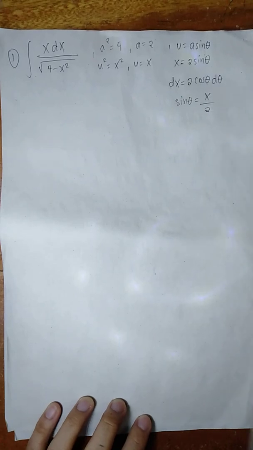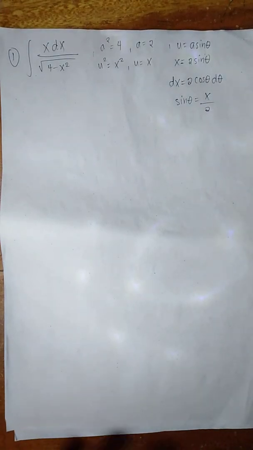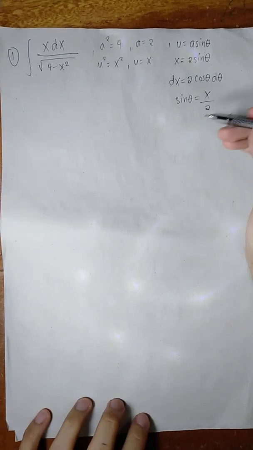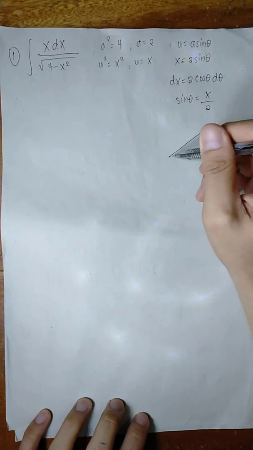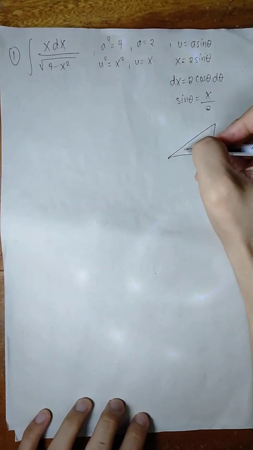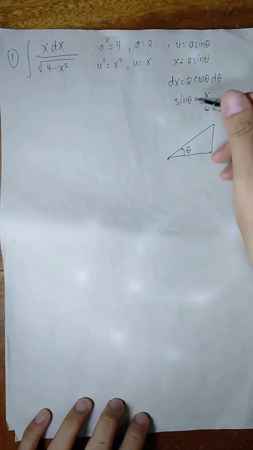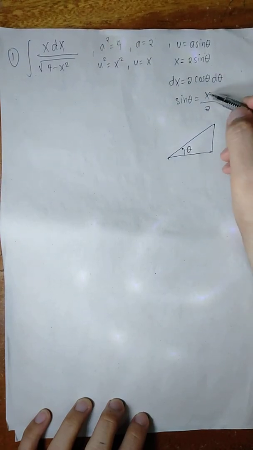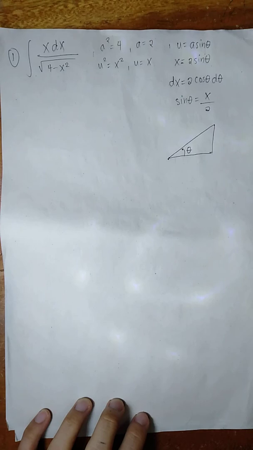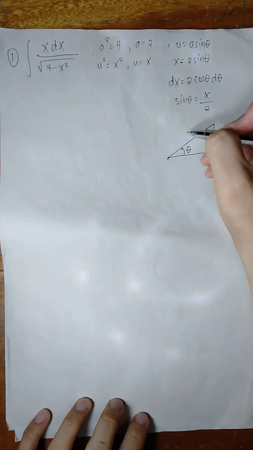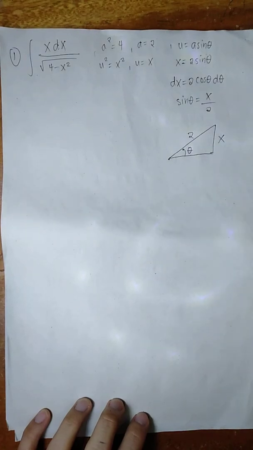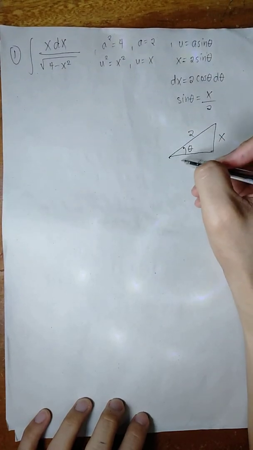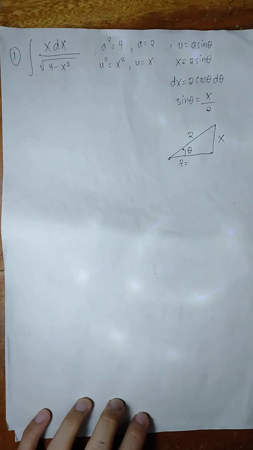So here, guys, one of the procedures in trigonometric substitution is that we need to create a right triangle. So let's draw one, with this angle theta. Sine is opposite over hypotenuse. So the opposite is x, and the hypotenuse is 2. And we need to find this other side. So let's say we use the variable z. How do we solve for z?